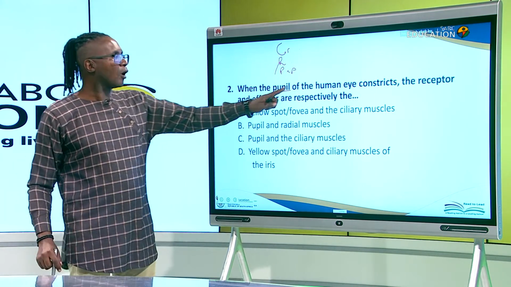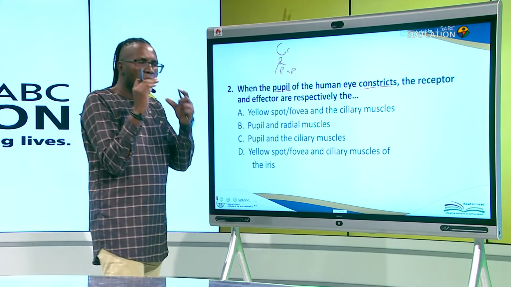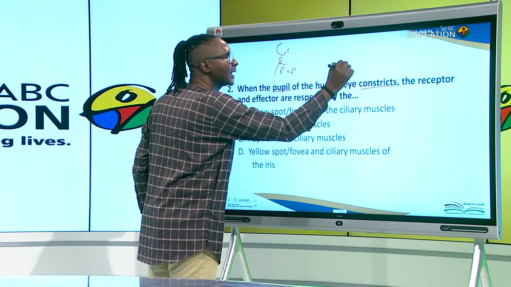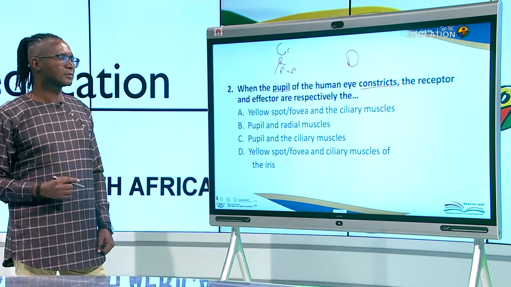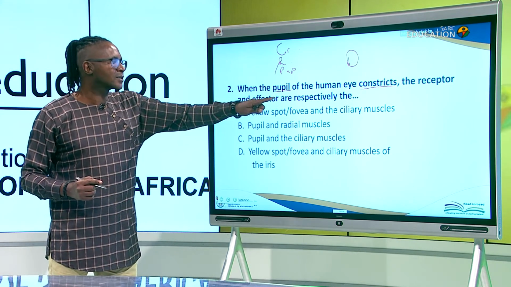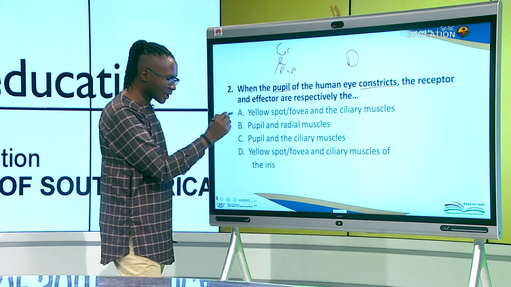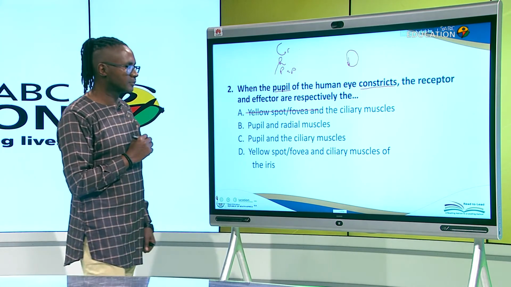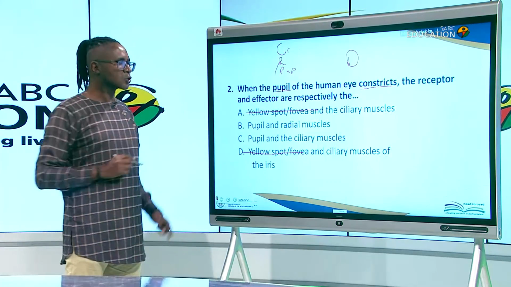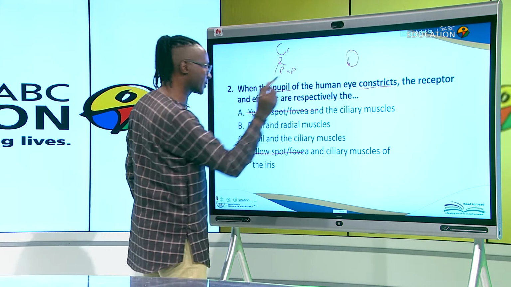So they are saying when the pupil of the human eye constricts, becomes smaller, during the day in bright light, the receptors and the effector are respectively there. So yellow spot is out. So you are left with 2. So you go back to the question. So the pupil of the human eye constricts.